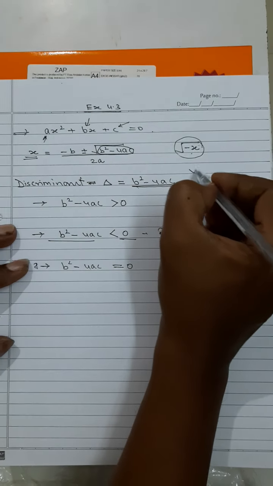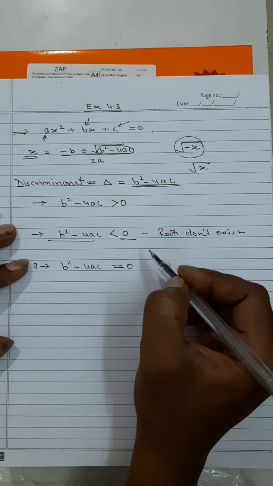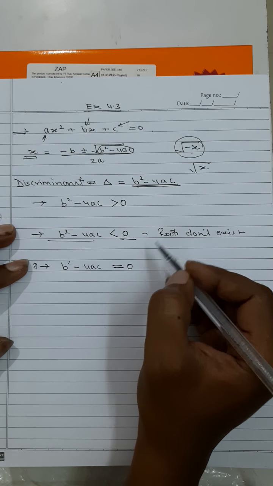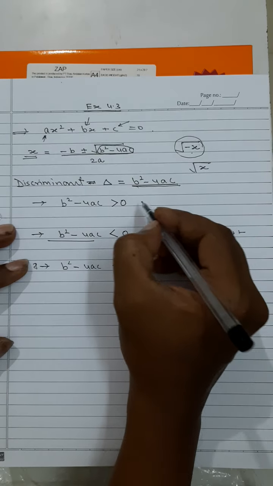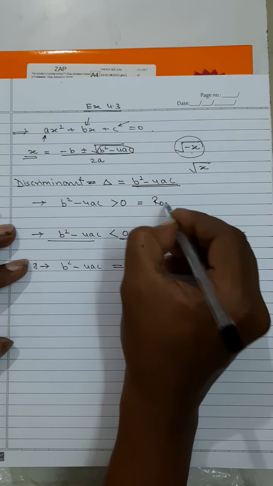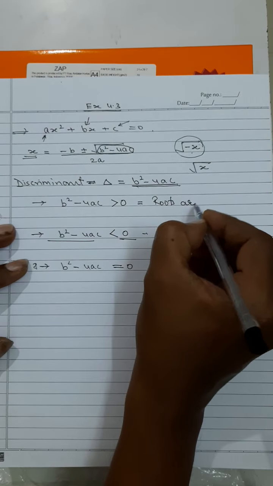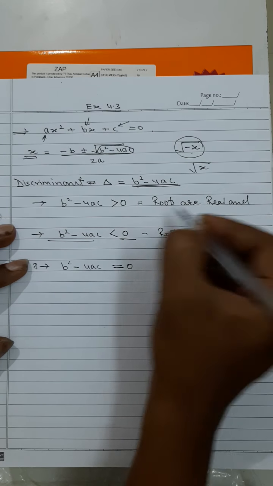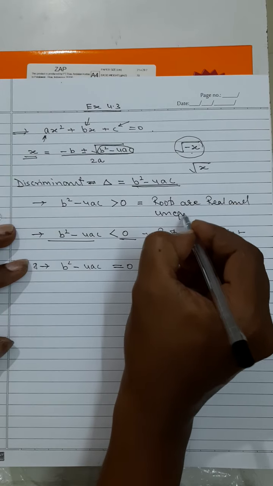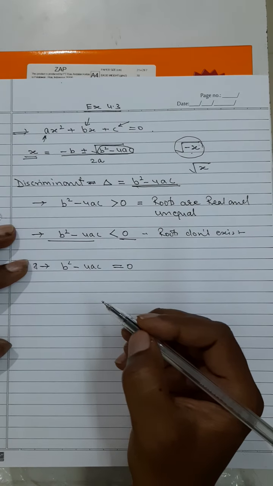Of course, when b square minus 4ac is any positive number other than 0, then definitely the roots are real. Real numbers means they exist, and unequal. This is very important, my dear students. Unequal means what?